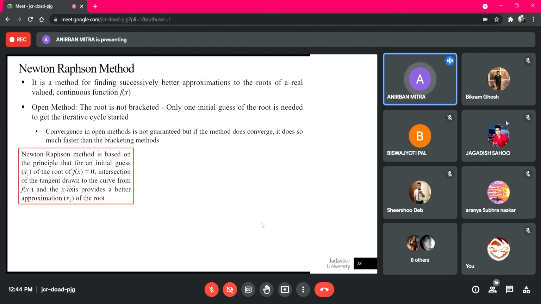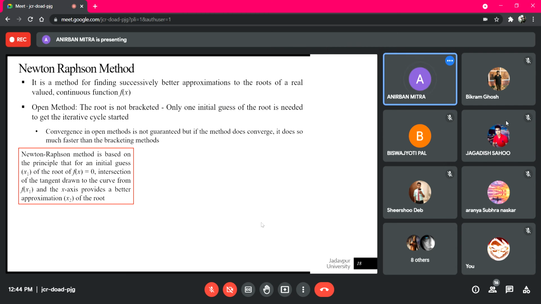So if I say what exactly is done in this method, then we can simply state that it is based on the principle that for an initial guess, x1 of the equation fx equal to 0, intersection of the tangent drawn to the curve from f of x1 and the x-axis provides a better approximation of the root.